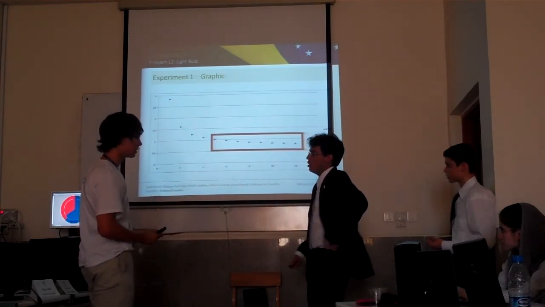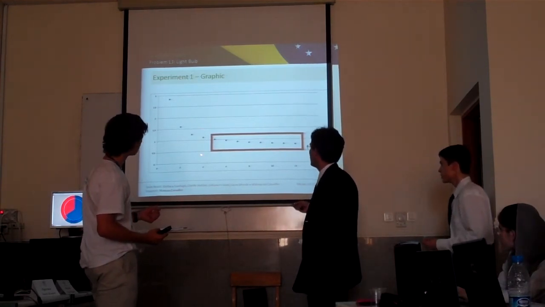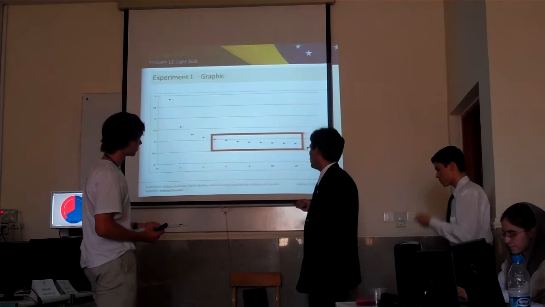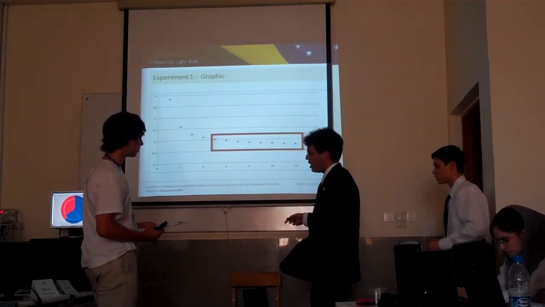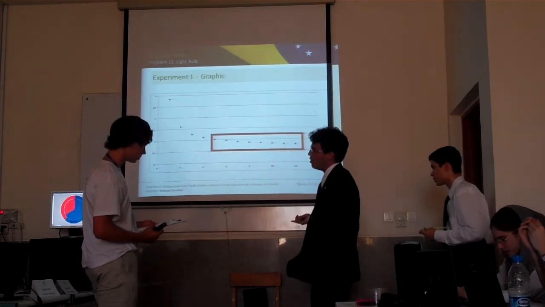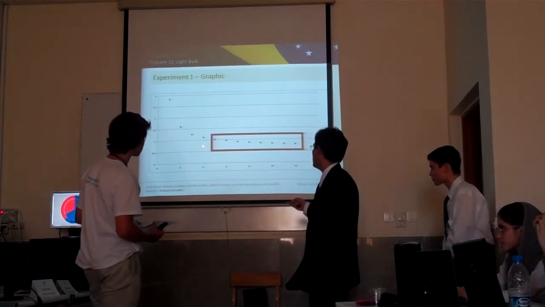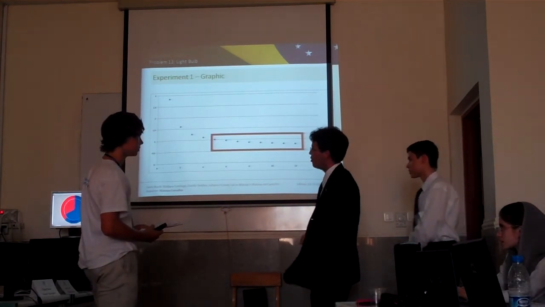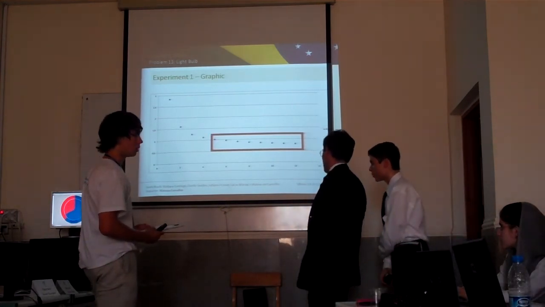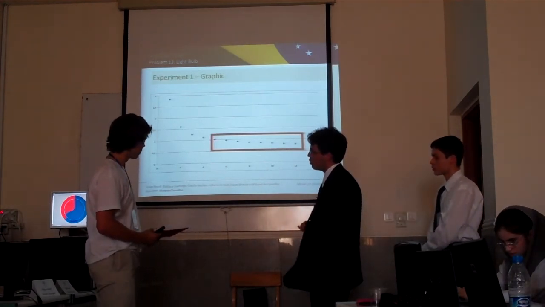At lower voltage, the lamp can almost not emit light, so we don't consider it, because the lamp is just not emitting light. If you cannot even emit light, you will not consider it in this case.